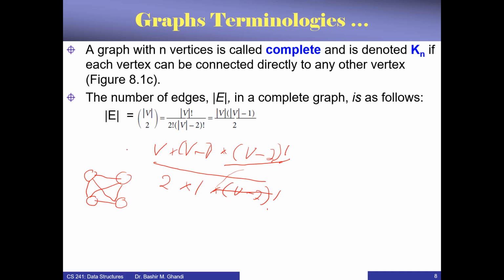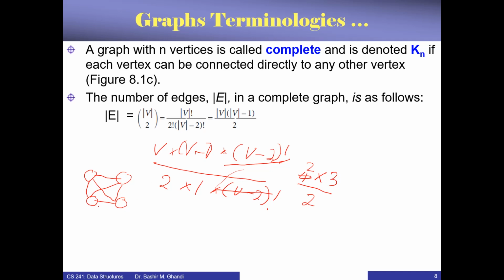According to the formula, the number of edges is the number of vertices, which is 4, times the number of vertices minus 1, which is 3, divided by 2. Obviously 2 goes into 4 two times, and 2 times 3 is 6, as we just counted here. The number of edges is 6.